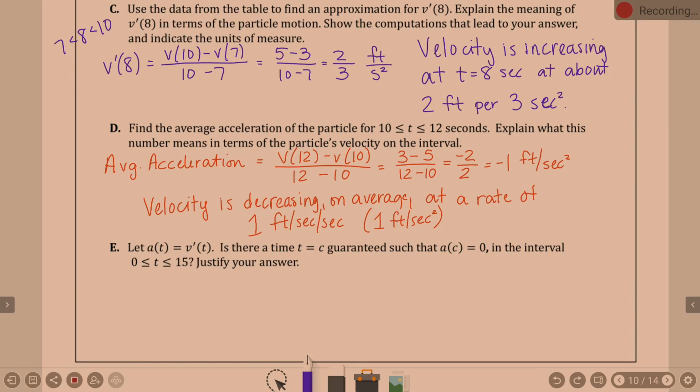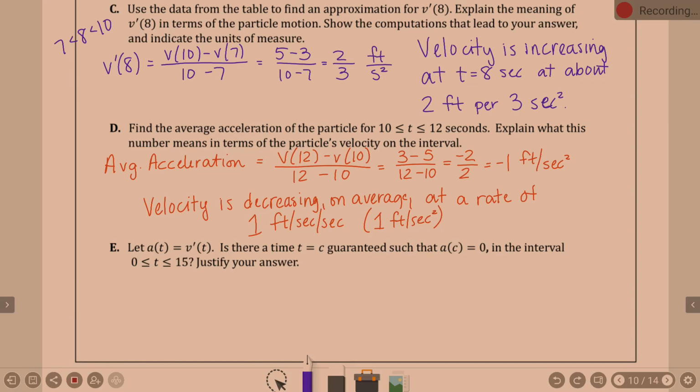Thoughts here? Yes. Why? It is because it goes down from 10 to 12. The velocity goes down. That's right. So we can actually use these last two answers if you think about it.